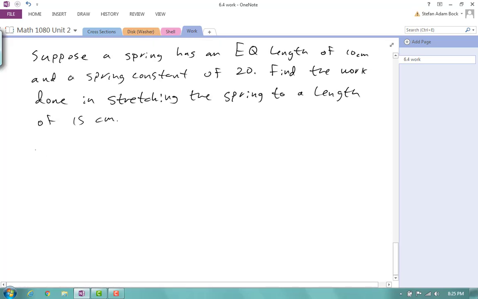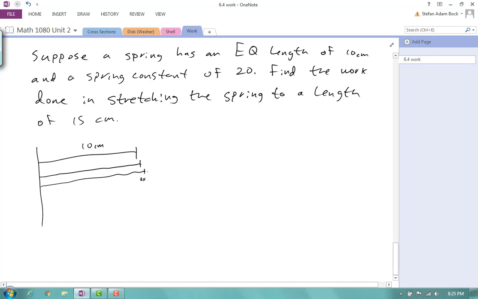So the way I'm going to do that is going to start here at 10 centimeters. I'm going to apply a little bit extra force, and it's going to stretch by delta x. I'm going to apply a little bit extra force, and it's going to stretch by delta x again.